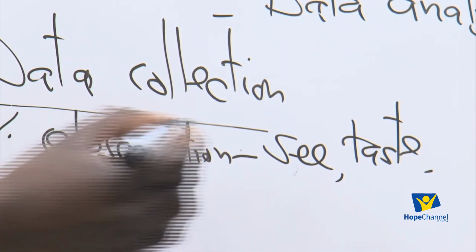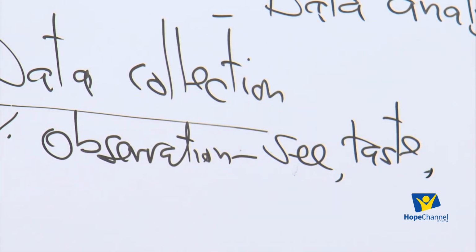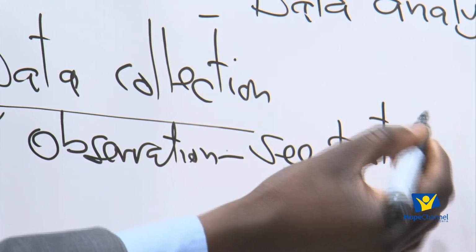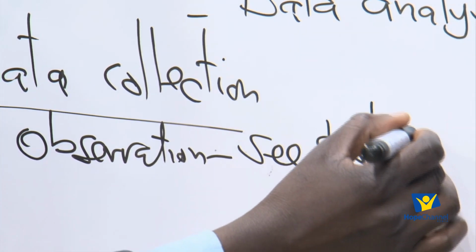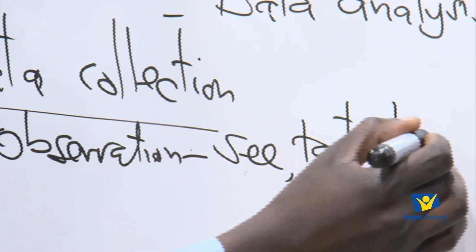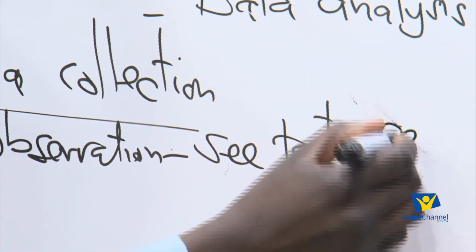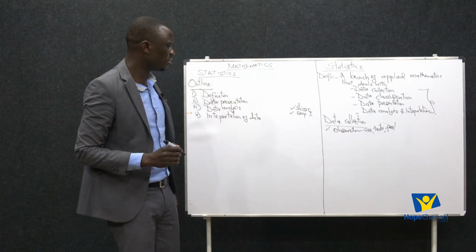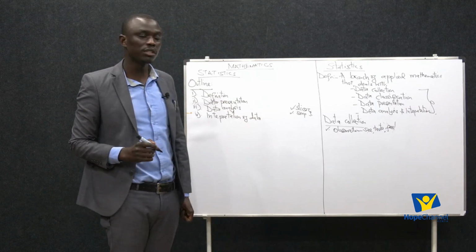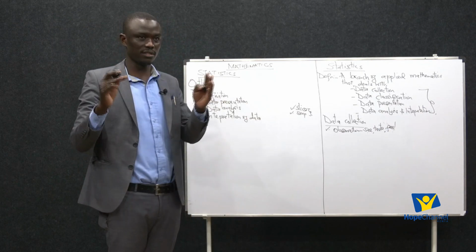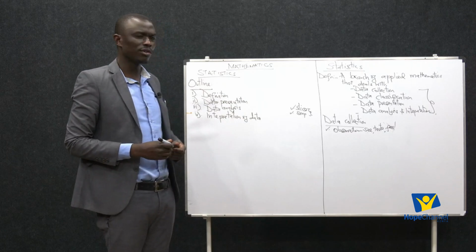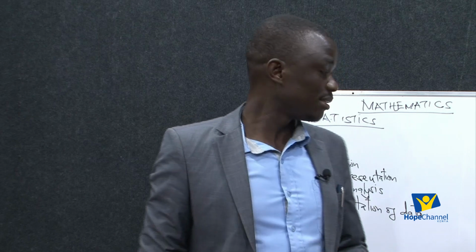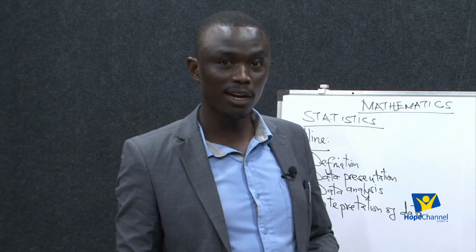Another sense, let me talk about maybe the sense of touch or the feel. How did you feel it? Was it too cold? Was it too hot? You get that one, eh? Sometimes when you talk about the five common senses, some students always ask, hey, some senses are not common.